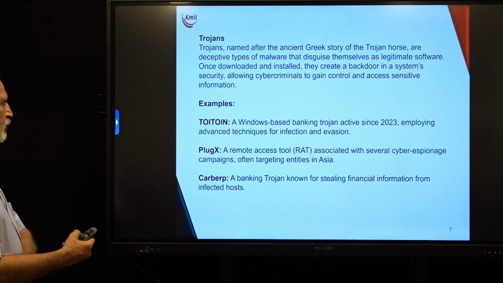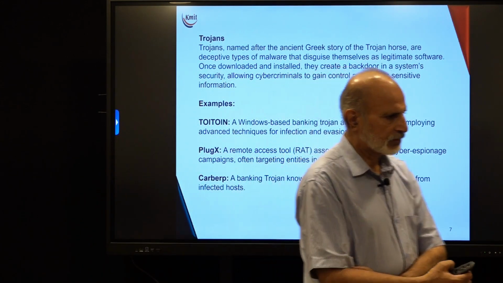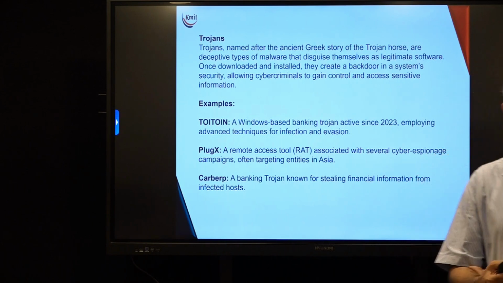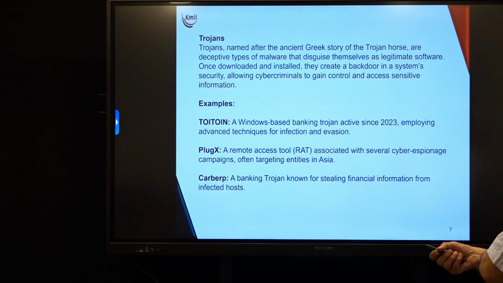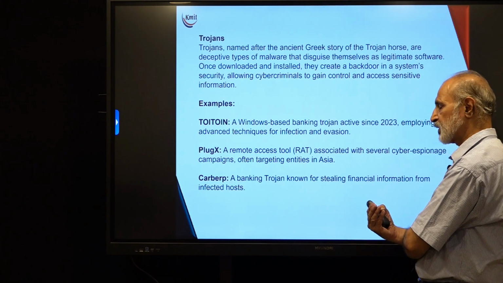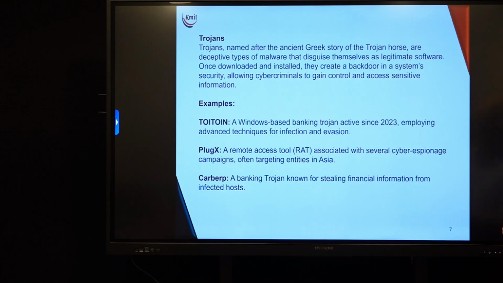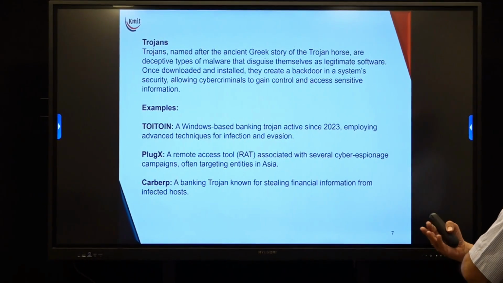Trojans we have already seen. They are like horses sitting on the system. They capture the keystrokes, the information of the person who is typing, and transfer it to the sender who created the Trojan. An example is Titan, a Windows-based banking Trojan active since 2023, employing advanced techniques for infection and evasion. So you can see that a lot of people are troubling the system and then trying to find the problem and the solution.